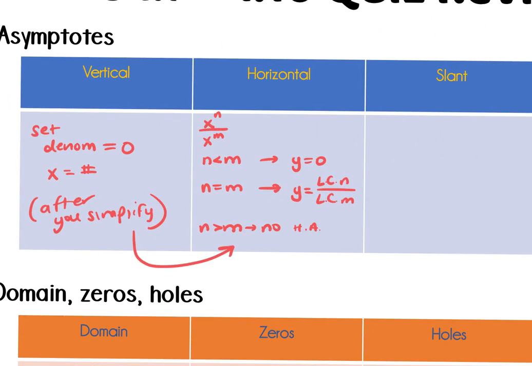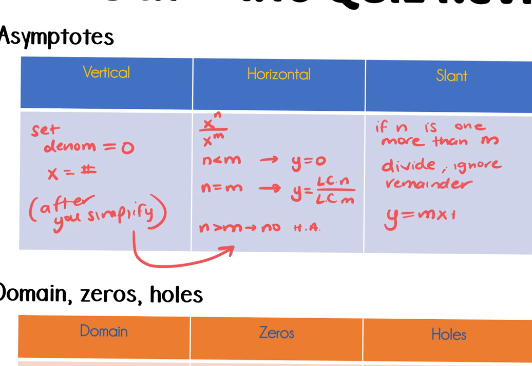And then your slant is if n is 1 more than m. And we divide, ignoring the remainder, and set it equal to y. It should be y equals mx plus b.